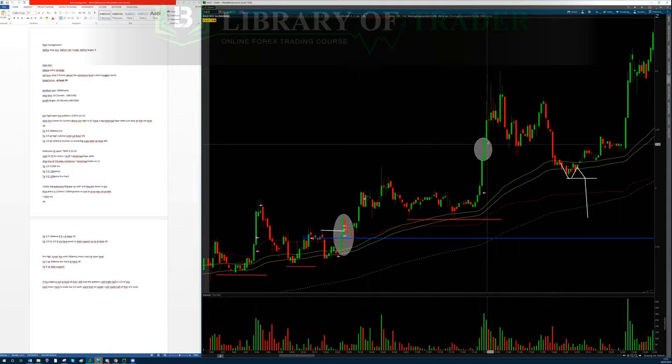We'll be looking for 218 to exit half of this add. And then you will look to trail this to break even. And this you will lower at this level.